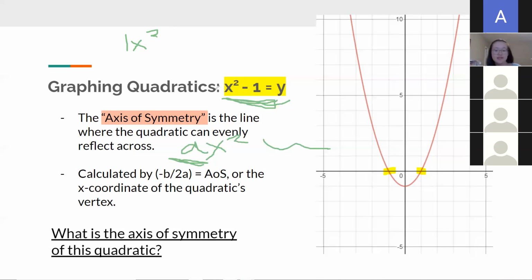Is it 1? Is it 5? Remember that we still have a placeholder right here. Does anybody have any idea?